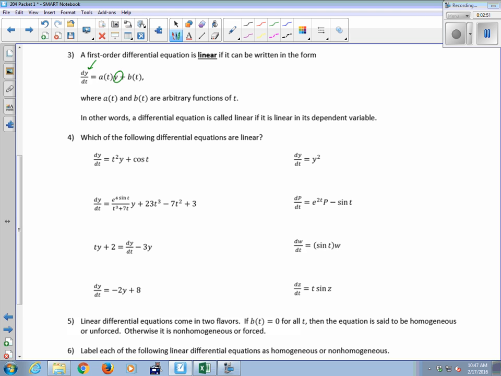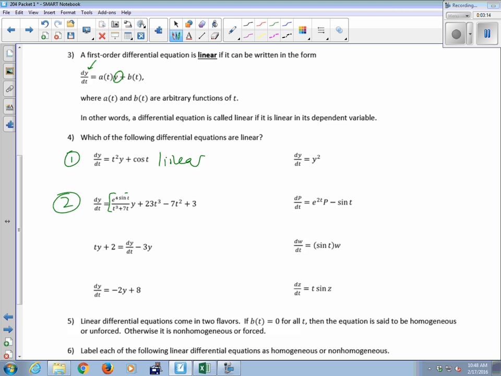All right, so let's look through this list and see which ones we can identify as linear. How about this first one? Yes, because that's t squared times y to the first, right? So it's a function of t times y to the first plus another function of t. So this one's linear. How about this one? It is linear, yeah.